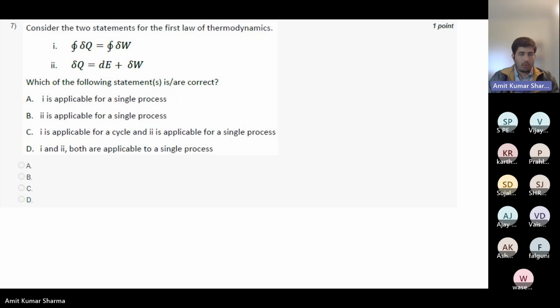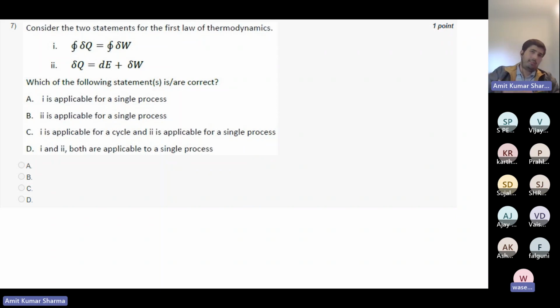Option A says statement 1 is applicable to a single process. Why is option A wrong? The first statement is the cyclic integral of delta Q equals the cyclic integral of delta W. Sir, equation 1 is applicable to a cycle only.